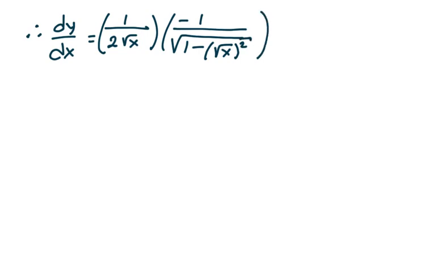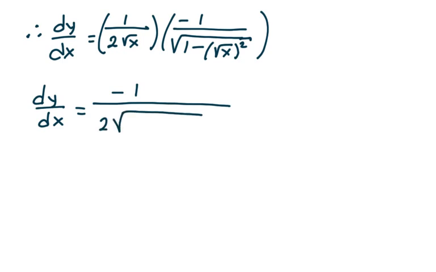Okay? So dy/dx is negative 1 over 2 times the square root of, and then x times 1 is x minus x squared. So I'm just combining, taking the square root of x times the square root of 1 minus x. And this is what I come up with.